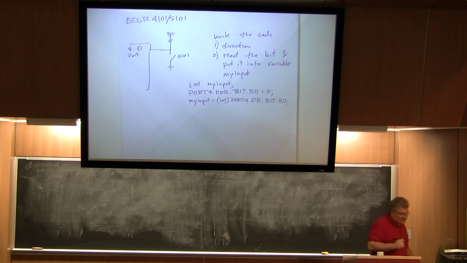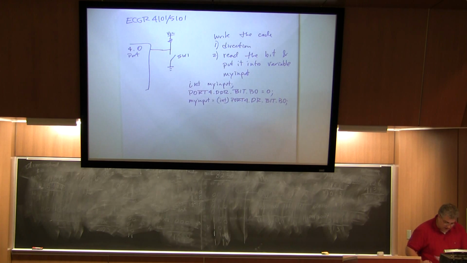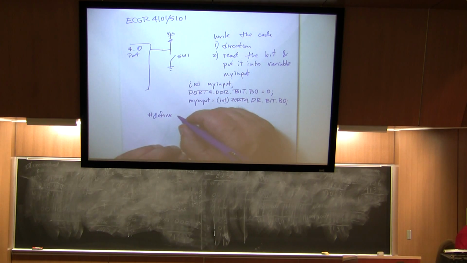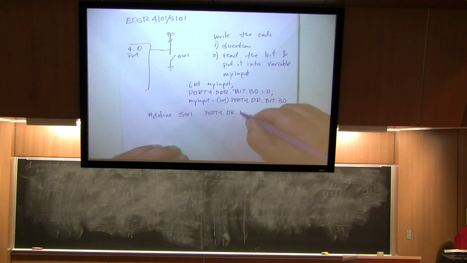Now, I mentioned this earlier, let's say that we had that lovely possibility where we put pound define switch 1 port 4 dot ER dot bit dot B0.